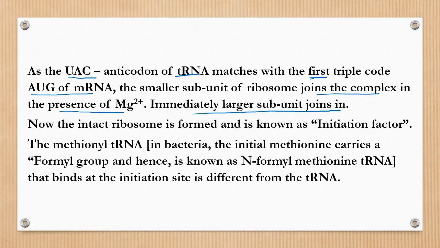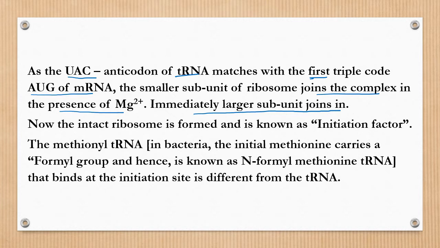When it matches, because AUG is the initiation codon, and the anticodon on tRNA matches, the smaller subunit of the ribosome joins the complex in the presence of magnesium ion.